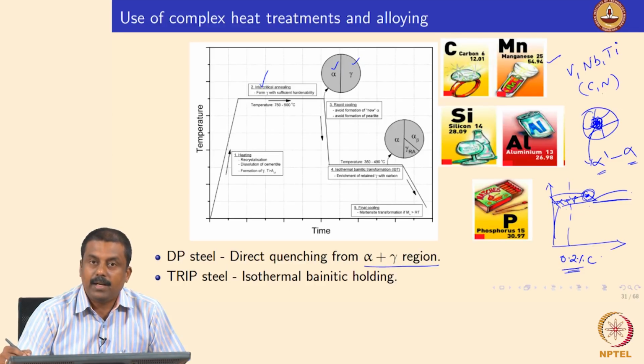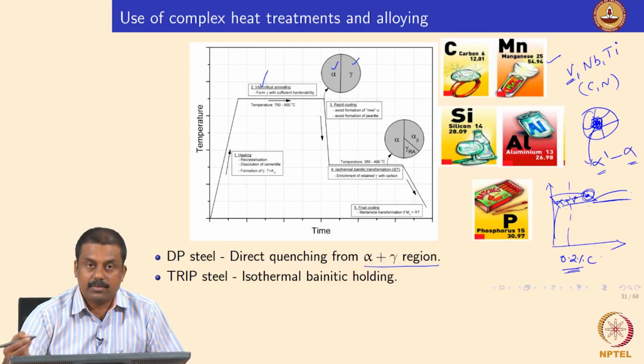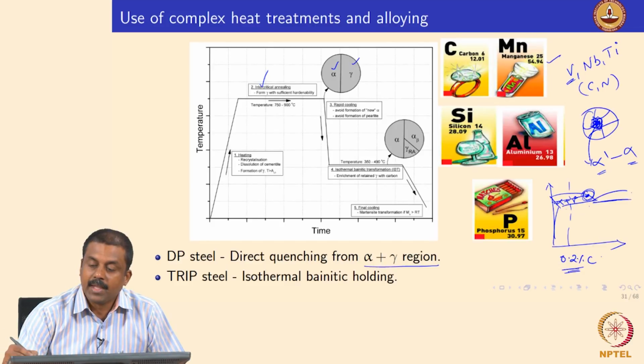The most common alloying elements added in dual phase steels to increase the strength, of course with a compromise to ductility, are vanadium, niobium and titanium, which form carbonitrides. These three elements are commonly added to form precipitates of carbides and nitrides in the austenite matrix, and the strength increases significantly based on the size and volume fraction of these precipitates.